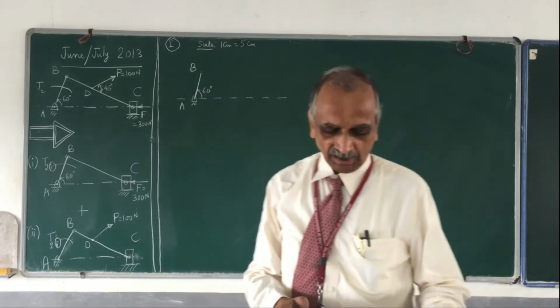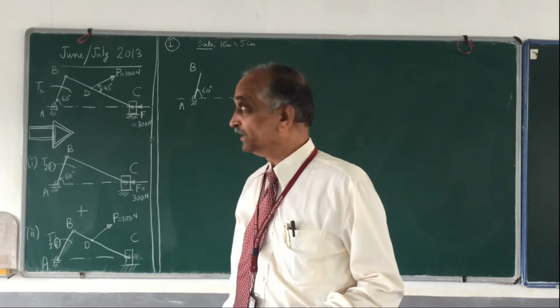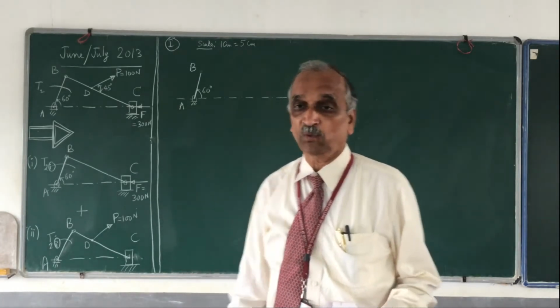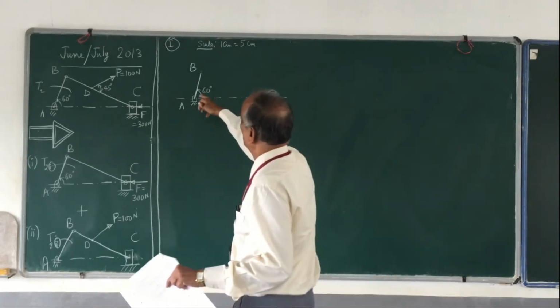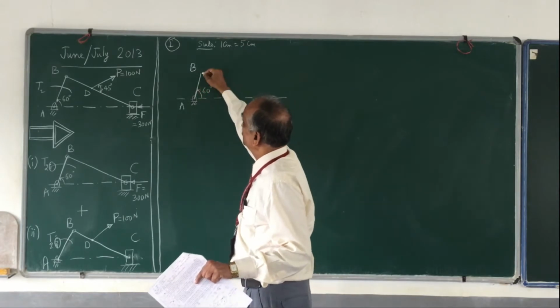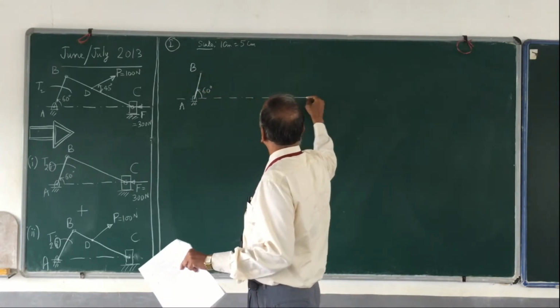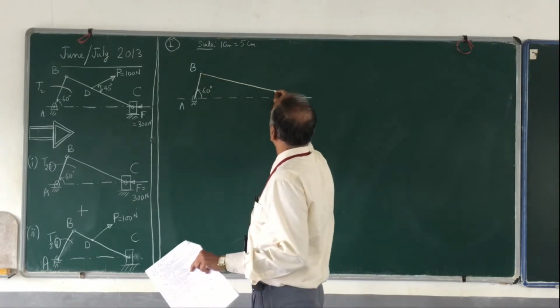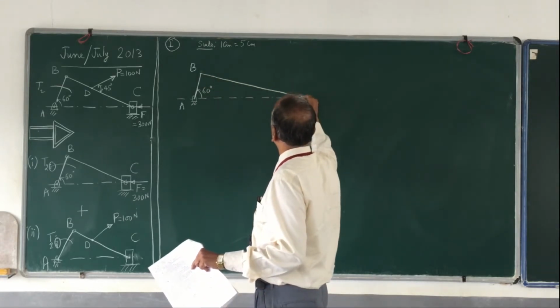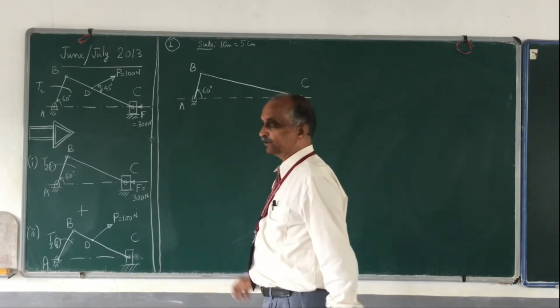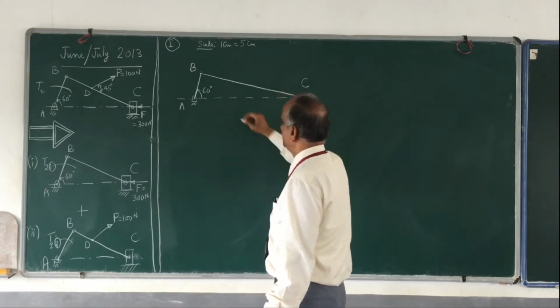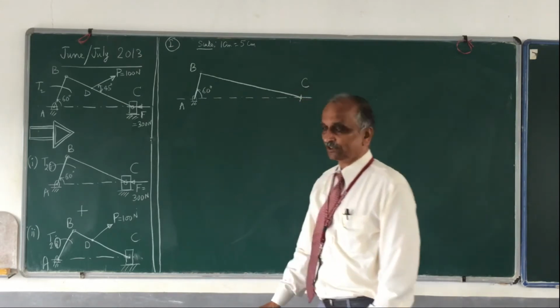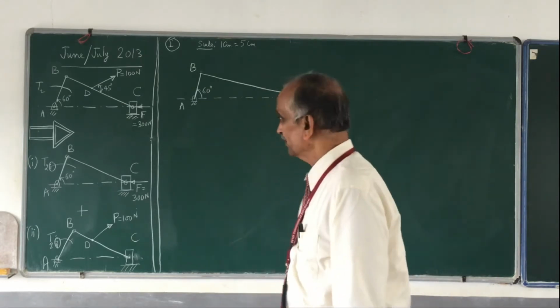Then BC, which is 70 centimeters, and according to our scale it is 14 centimeters, almost 7 times this. With B as center, it may come something like this, and this is the point C. With B as center and BC of 14 centimeters as radius, you draw an arc.